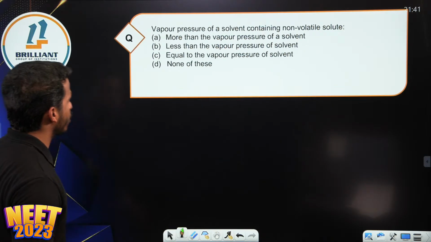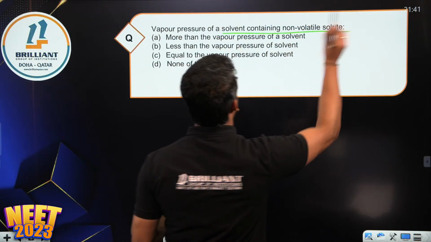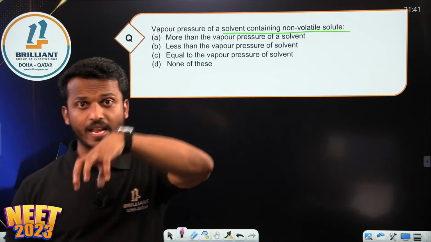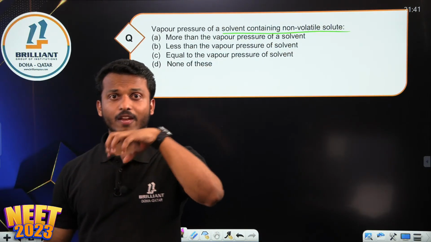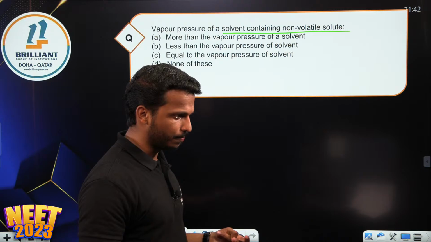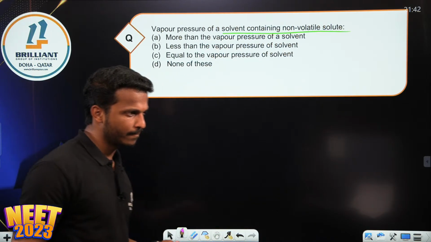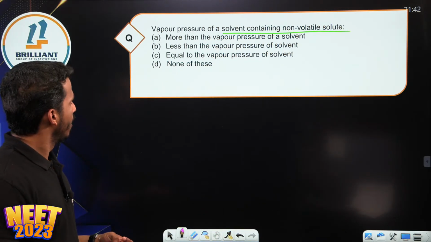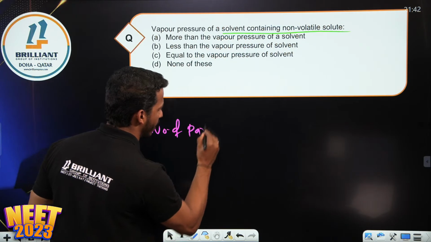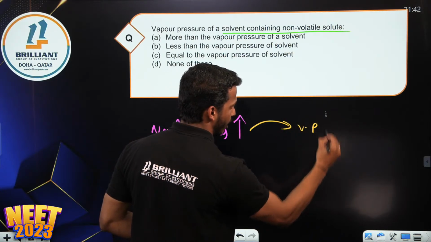Okay, fine. Next question. Vapor pressure of a solvent containing a non-volatile solute is less than the vapor pressure of the pure solvent.